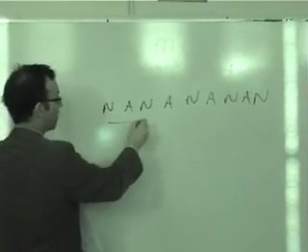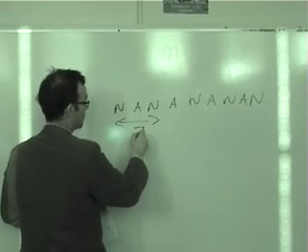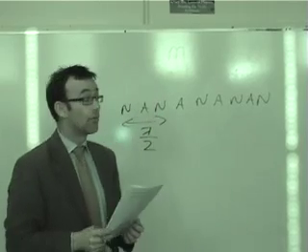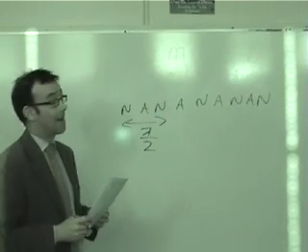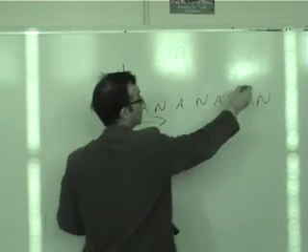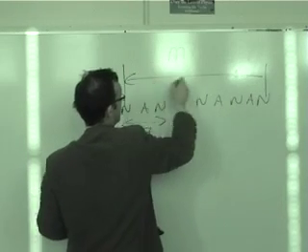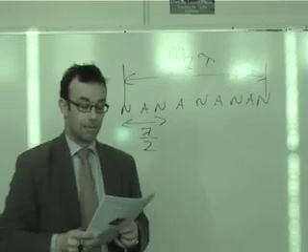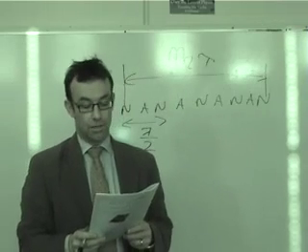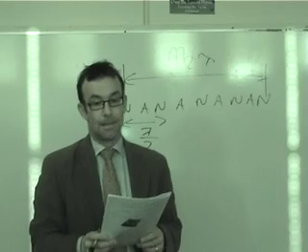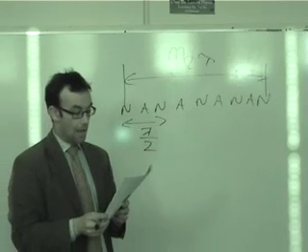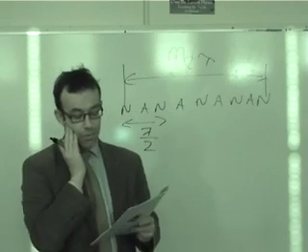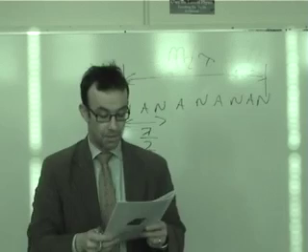If you then know that the distance between any 2 nodes, or any 2 antinodes, is lambda over 2, you should be able to work out that the total distance between these two is 2 lambda. They then give you the total distance between the 2 points, x and y, on the graph, and so you should be able to work out the wavelength, and you should get an answer of 2.1 times 10 to the minus 9 meters.